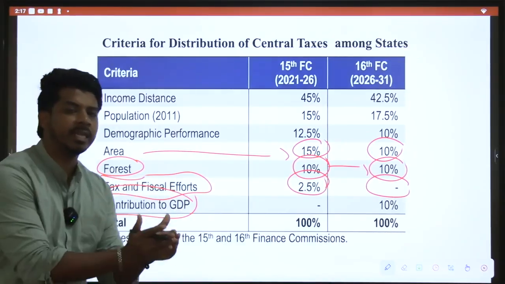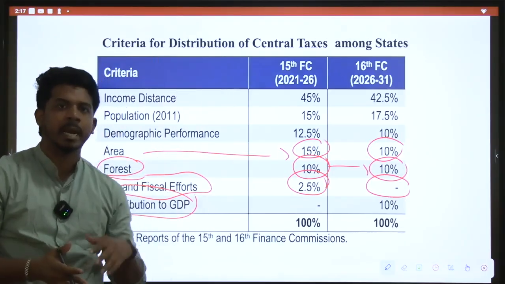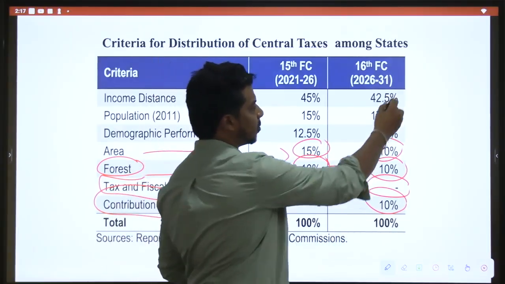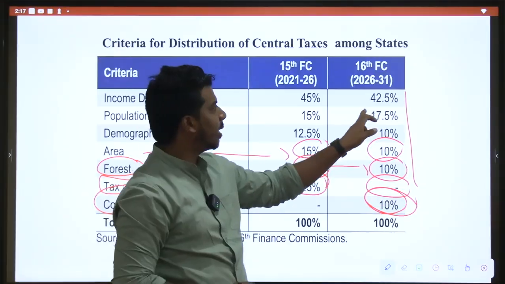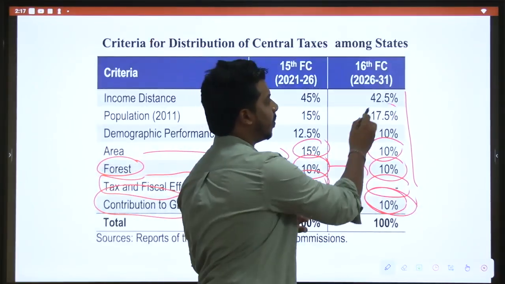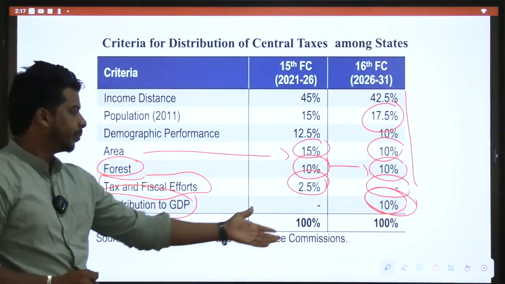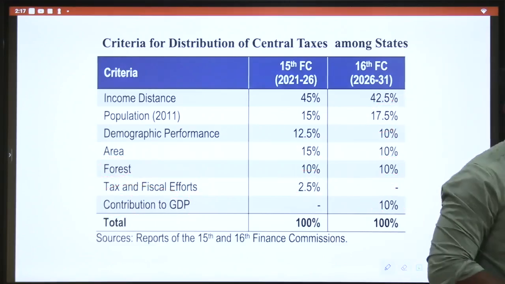How much every state contributes to the GDP of the whole country matters. It is increased to 10%. So it has reduced various indicators and increased contribution to the GDP and population. This is the distribution mechanism of the 16th Finance Commission.